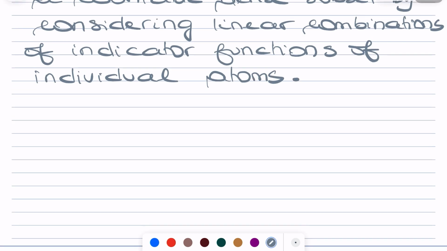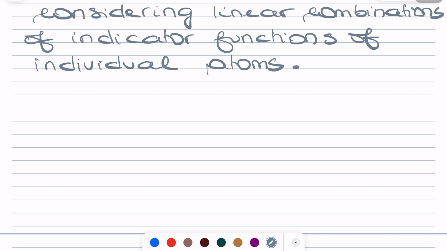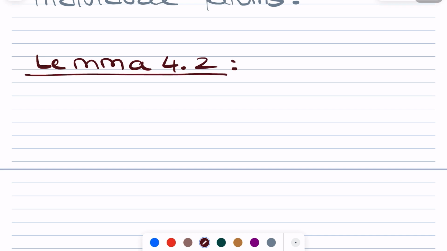So, in order to prove that L infinity is not separable, it is convenient to use the following lemma. Lemma 4.2, something like that. Let E be a Banach space.